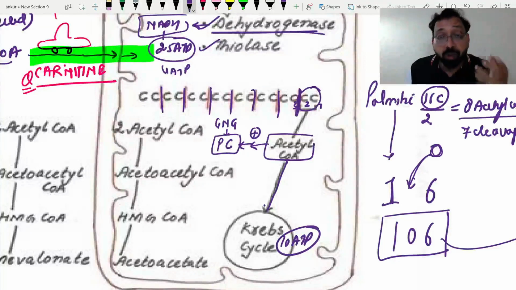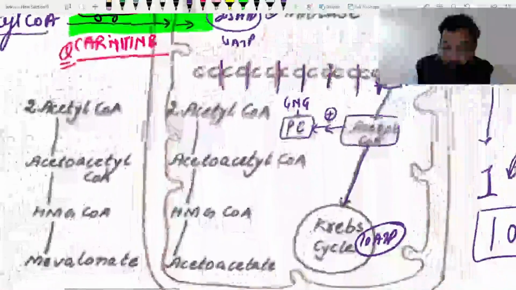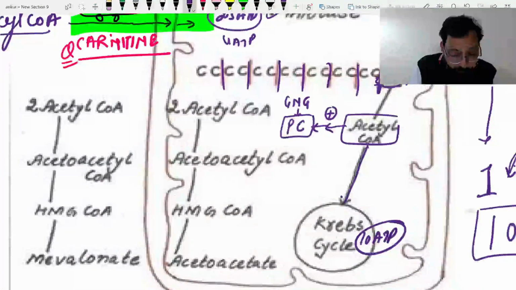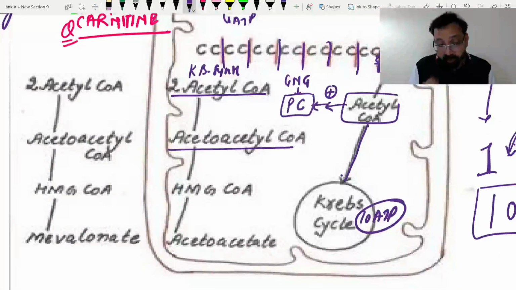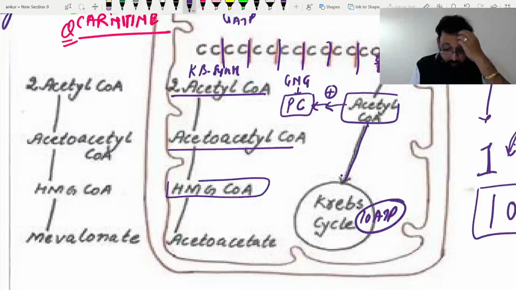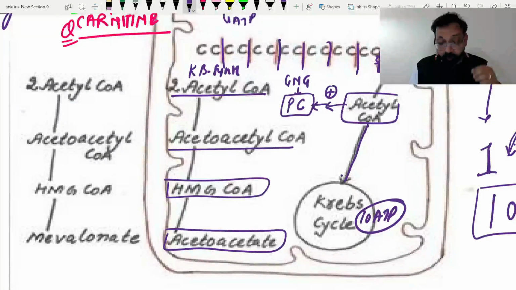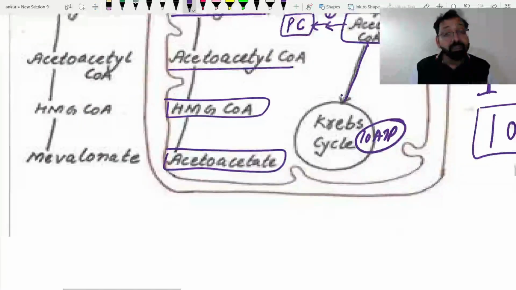You all know there is starvation ketoacidosis, and when you look at the pathway of ketone body synthesis, I write it here. Two acetyl coenzyme join to form acetoacetyl coenzyme, then HMG coenzyme, then acetoacetate. Question is asked: the first ketone body to be synthesized is acetoacetate.